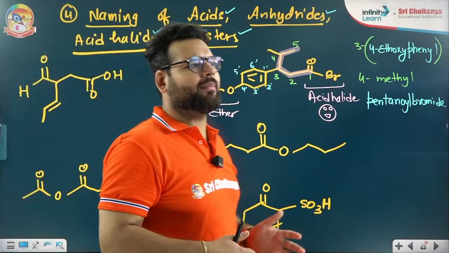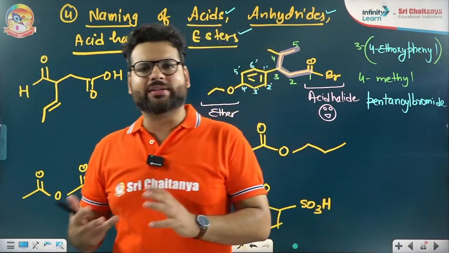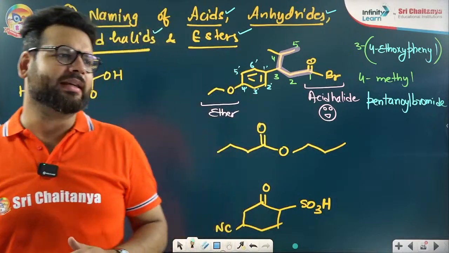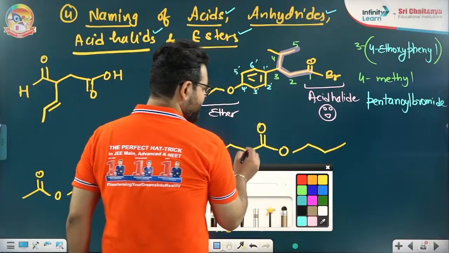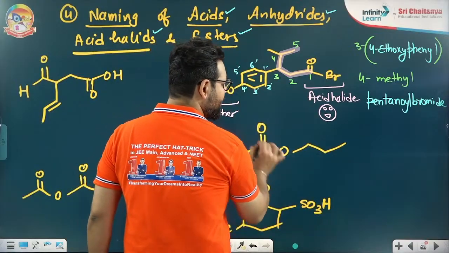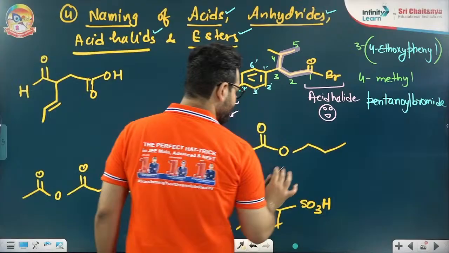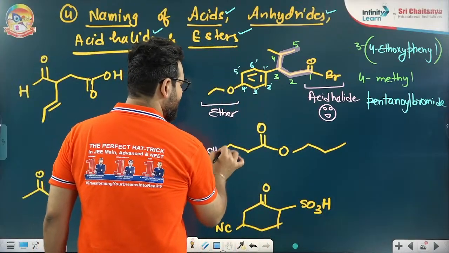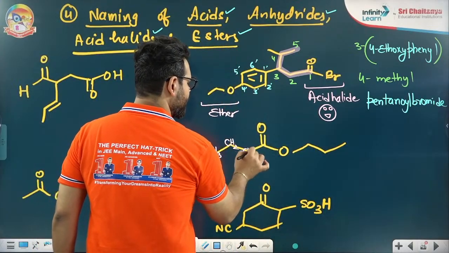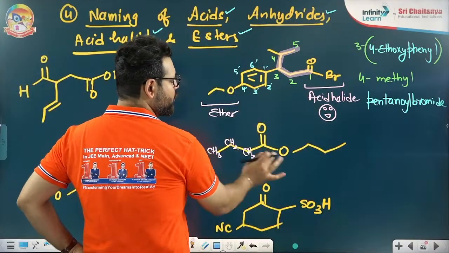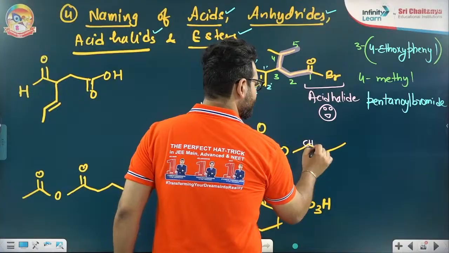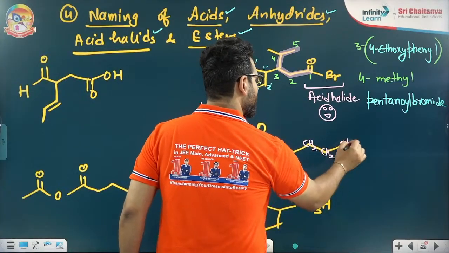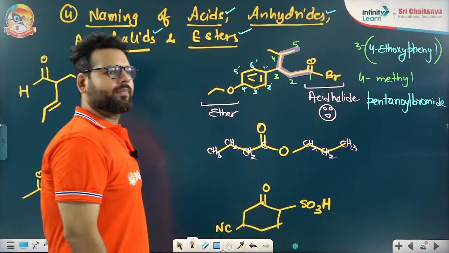Now we'll go to the naming of esters. Okay, this is an ester. R, C double bond O, then O, then another carbon chain, R meaning some carbon chain.